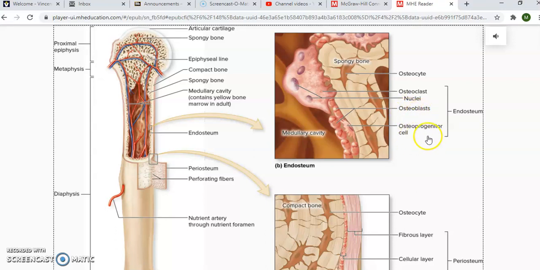So the osteoprogenitor cells are in the endosteum and periosteum, and their role in our bone tissue is to undergo mitosis so they can produce osteoblasts. Each one will produce an osteoblast whenever it's given that signal to divide by mitosis.